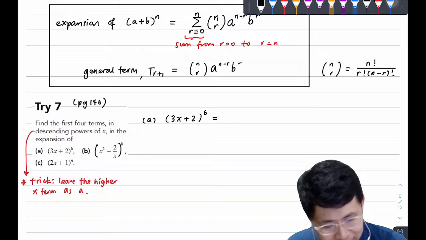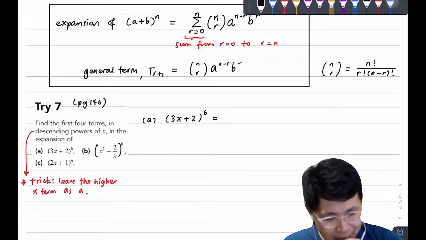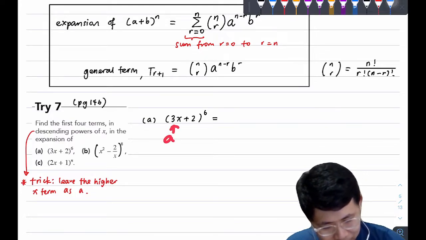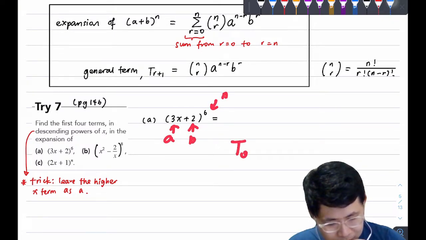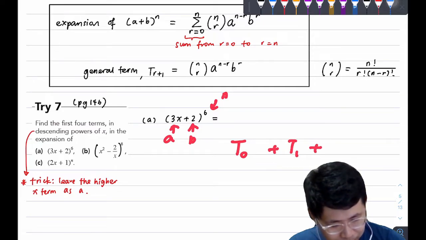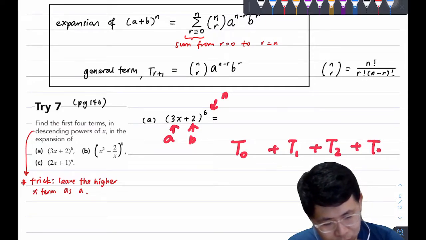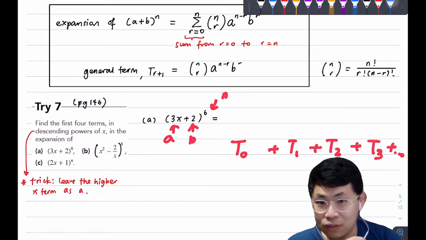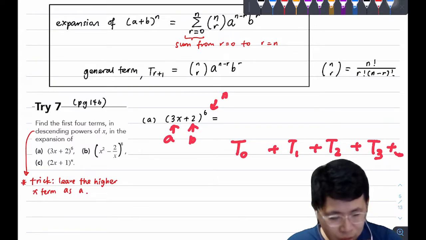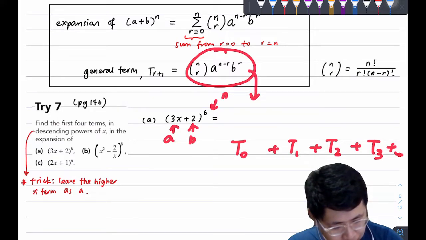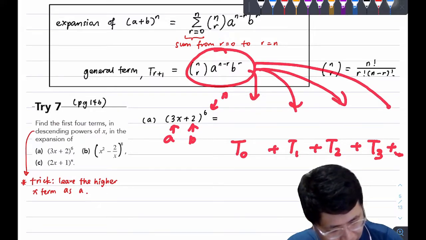So n is 6, a is 3x, this is a, this is b, this is n. When we expand, for the first few terms we have term 0, term 1, term 2, term 3, and so on. But we only need the first 4 terms. So r equals 0, r equals 1, r equals 2, r equals 3. We apply this repeatedly with different values of r.